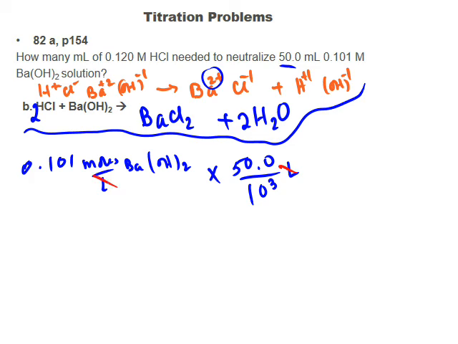And now, from moles of barium hydroxide, I can get moles of HCl. By looking at the reaction, you get this relationship: 1 mole of Ba(OH)2, and on the top you'd have 2 moles of HCl.